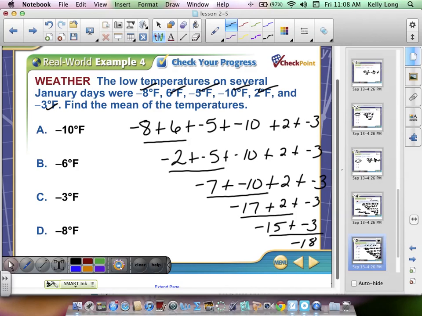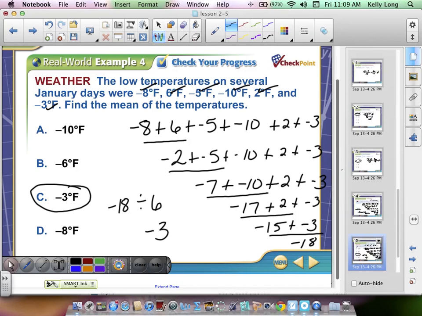So I take my total, negative 18, divide it by the number of temperatures in this case. Negative 18 divided by 6. Dividing with unlike signs, so my answer is going to be negative, and 18 divided by 6 is 3. So the average temperature, or the mean temperature, is going to be a negative 3 degrees Fahrenheit.